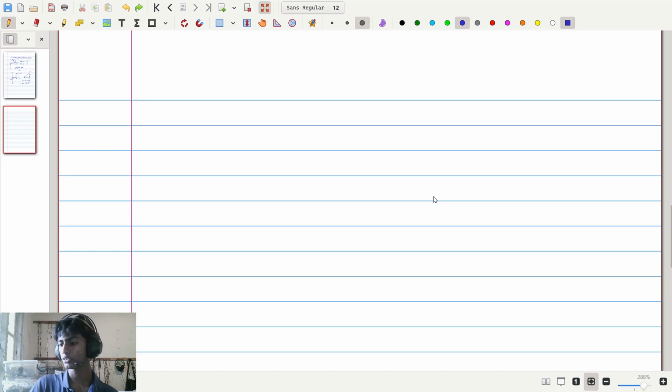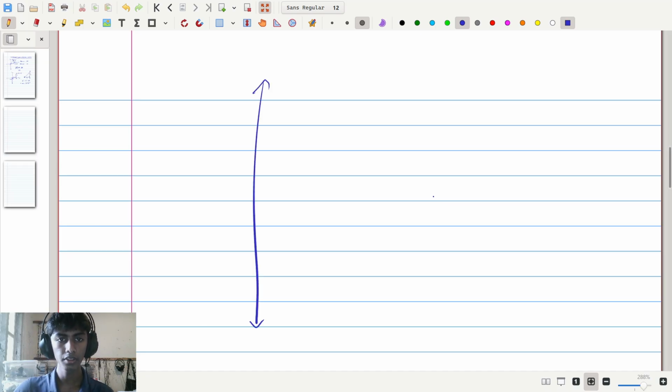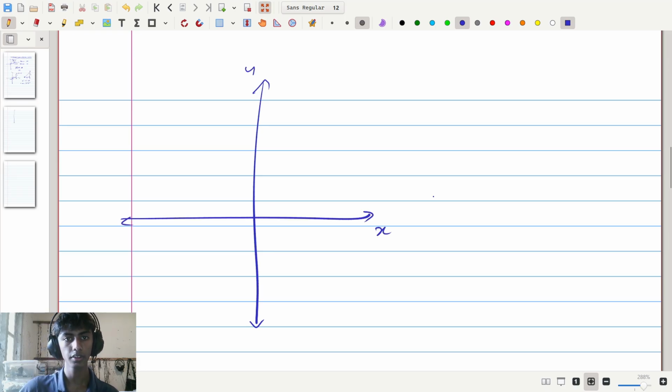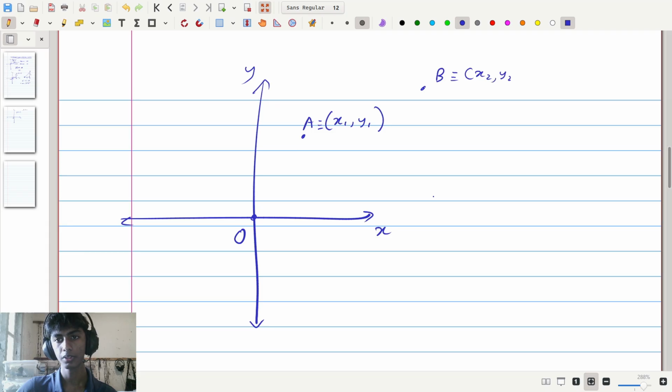If we have 2 points, let's say I'll call them A and B again, in the xy plane relative to the origin, let's say that A is x1, y1, and B is x2, y2. In this case, if I want to find the distance O to A, I can easily find it.